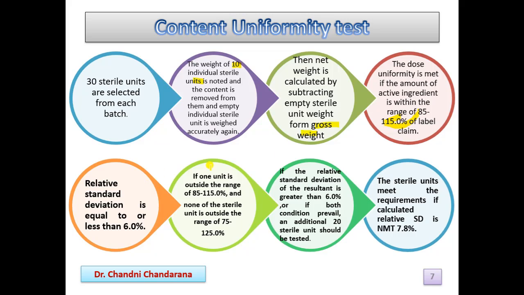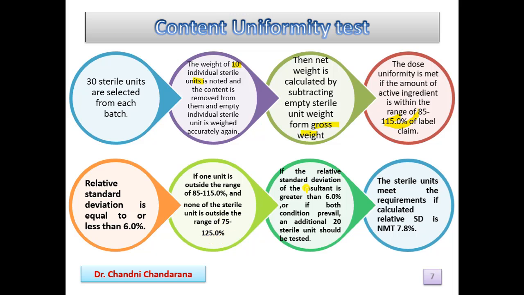Now how can we say that the content uniformity test is passed or failed? If the relative standard deviation is equal to or less than 6%, and if one unit is outside the range of this limit but none of the sterile units is outside the range of 75 to 125%, it passes.